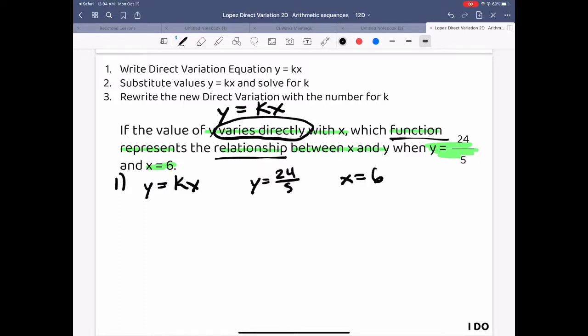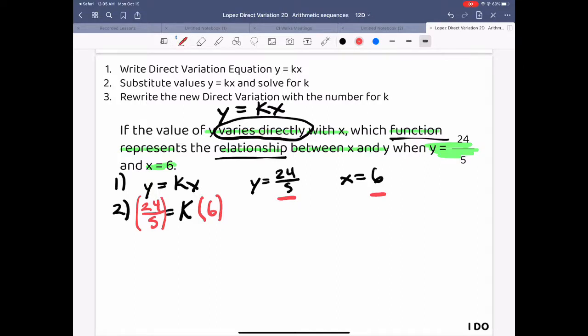Nowhere in the problem does it say k. So I'm going to substitute my values. And again, I substitute those values so that way I know what my constant of variation is.